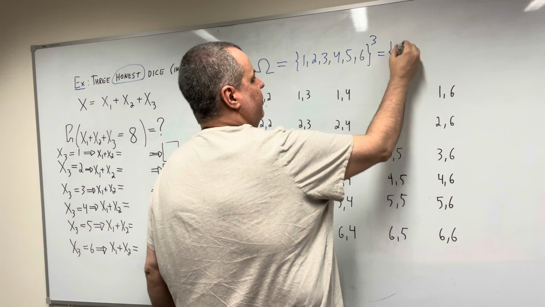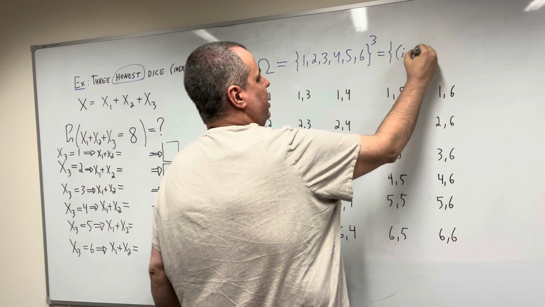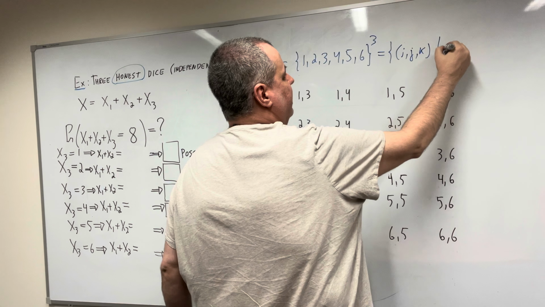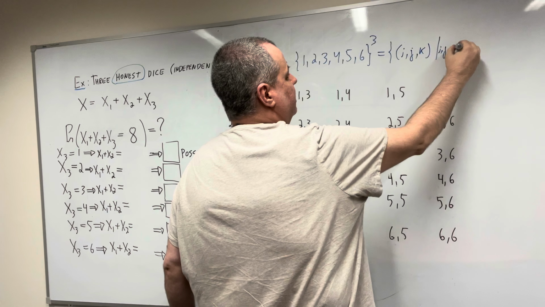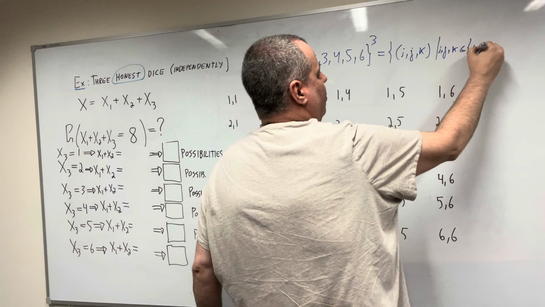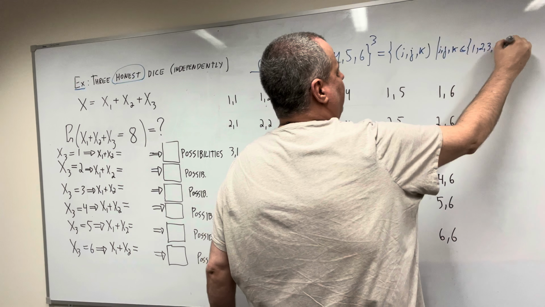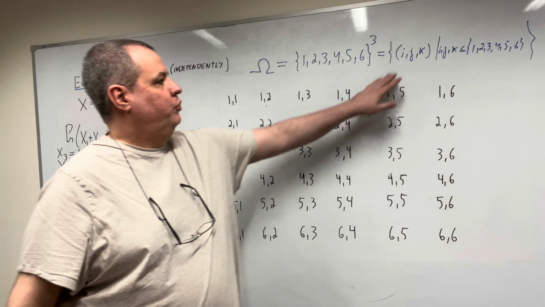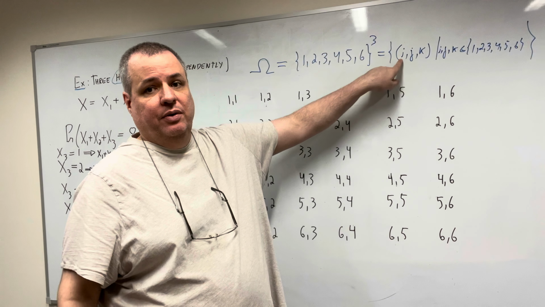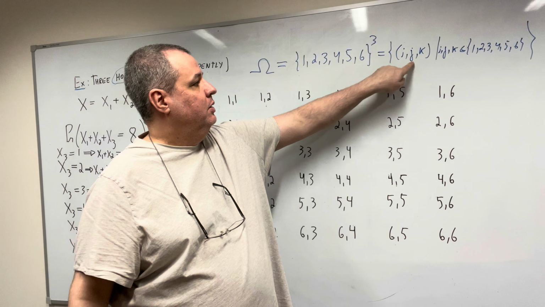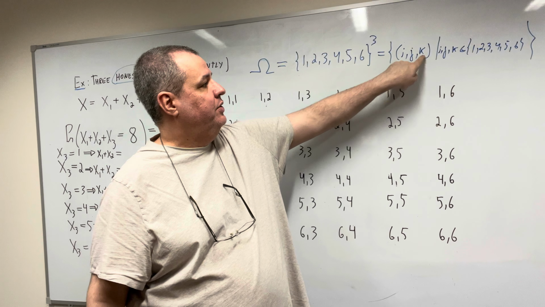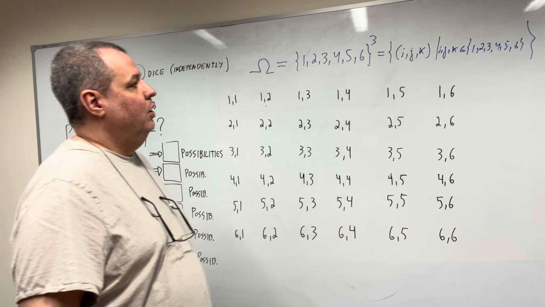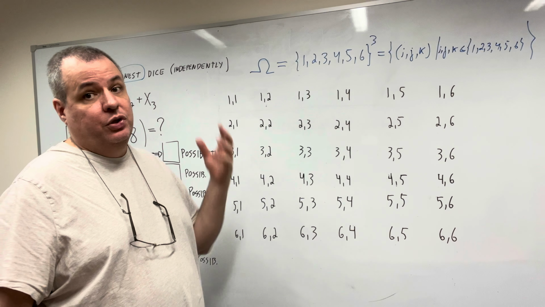So that's the set of (i, j, k) such that i, j, and k belong to {1, 2, 3, 4, 5, 6}. Okay? So triples. The i is the outcome of the first, j the second dice, and k the third. Any one of them can be any integer from 1 to 6.